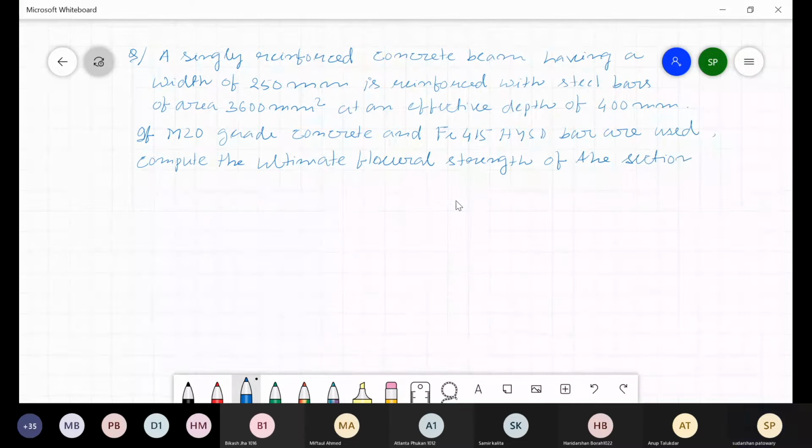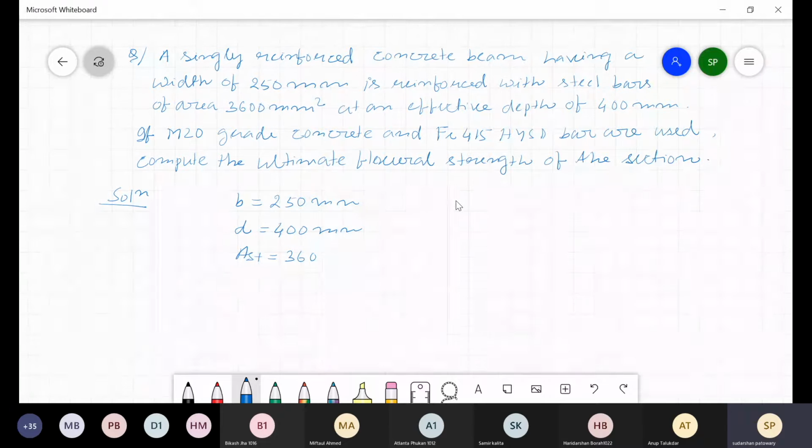So what is given here? Width of the beam is given, B is 250. Effective depth is given, small d, 400 mm. And Ast is given. Material property is given.